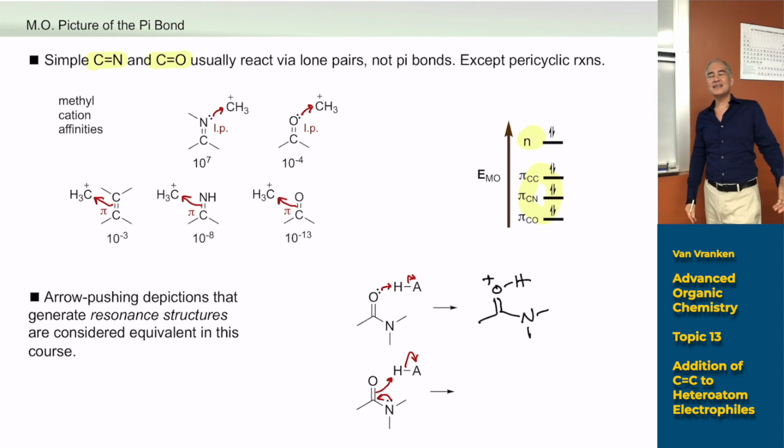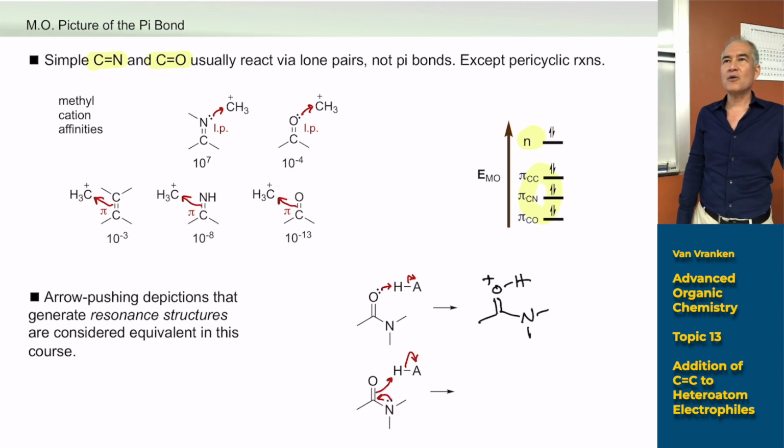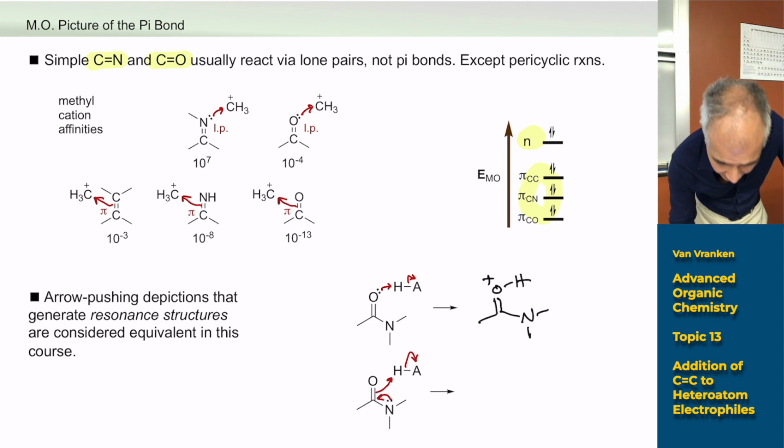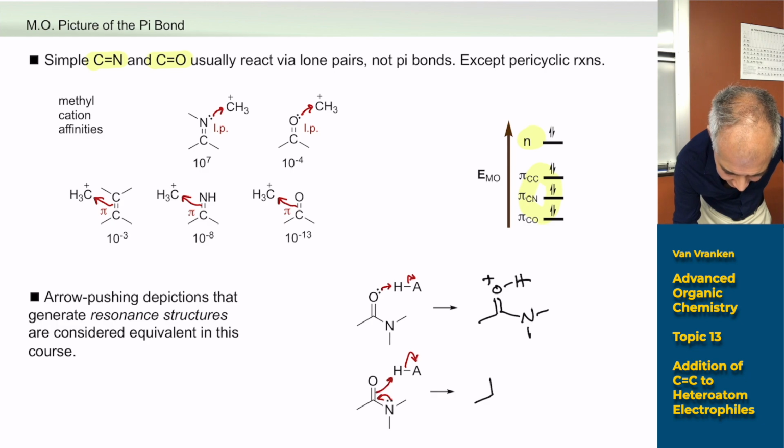It actually makes sense to have a pi-like orbital that's spread out over those three atoms, N, C, and O, that is very nucleophilic and basic. And when you generate the structure for this, it looks like this. If you follow my arrow pushing, these are resonance structures of each other.